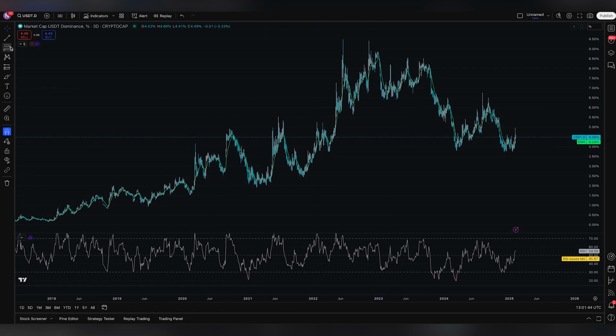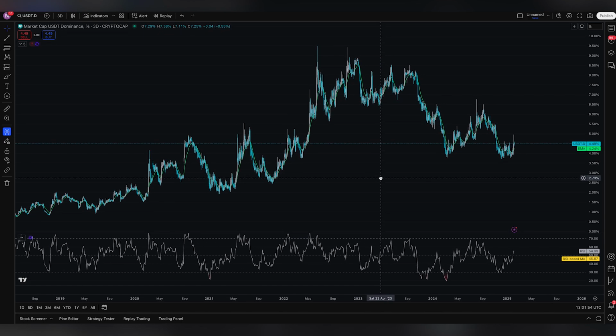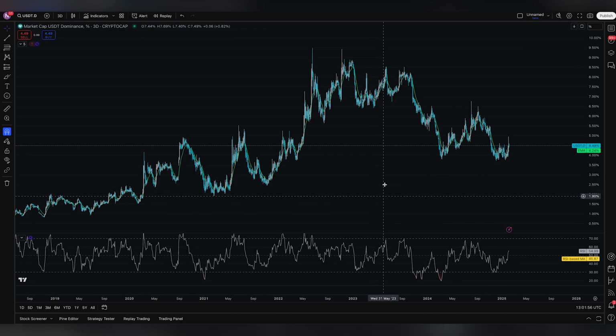So if you had confluence from Total 2, this just adds confluence to your system, because it's the second index that basically tells you that things are moving around levels and where things are considered rather expensive.